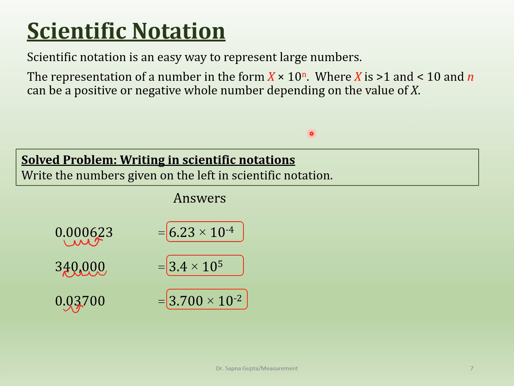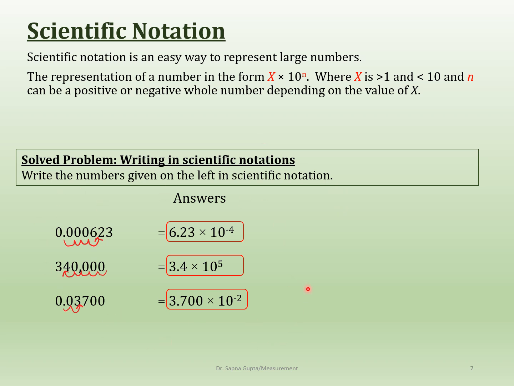That's the big thing you really have to mind, because I do look for that in your calculations. N can be positive or negative, depending on whether you have a large number or a small number. Remember, a negative exponent means a small number, less than 1. A large number, more than 10, has a positive exponent.